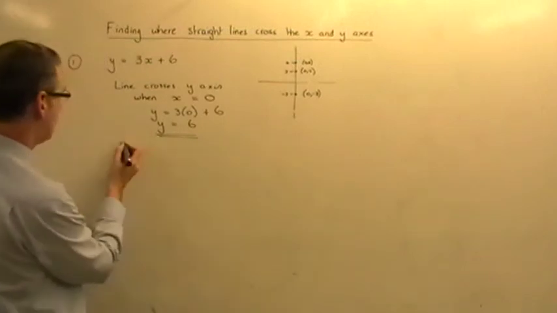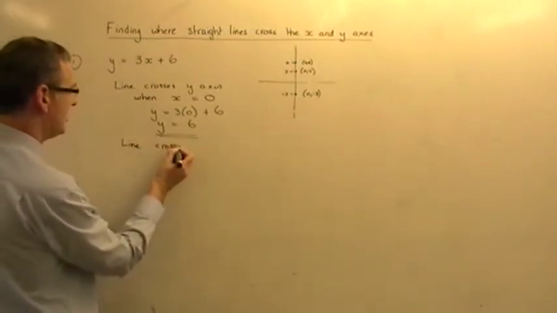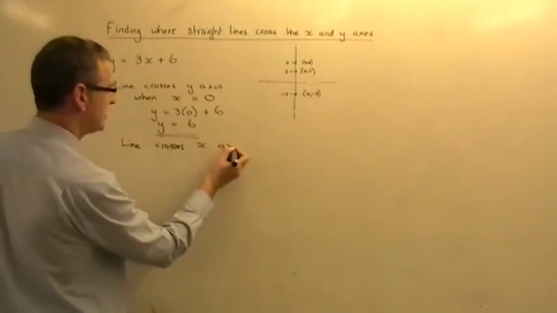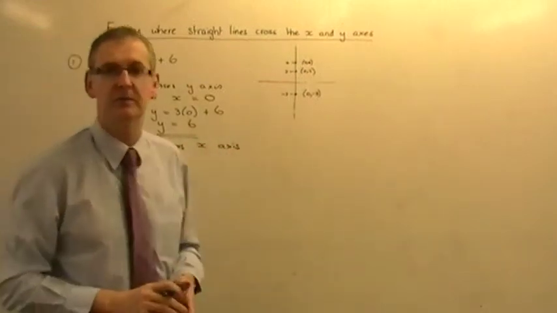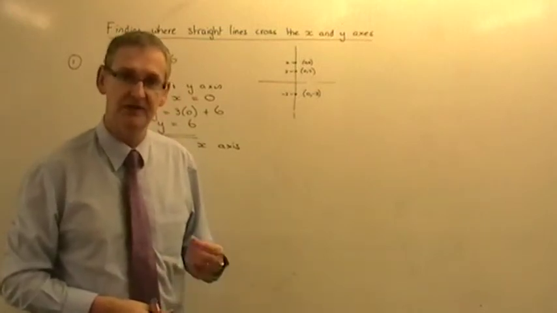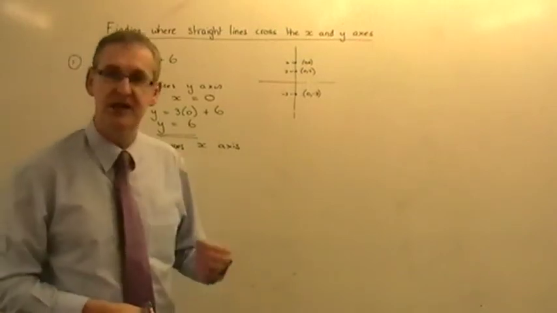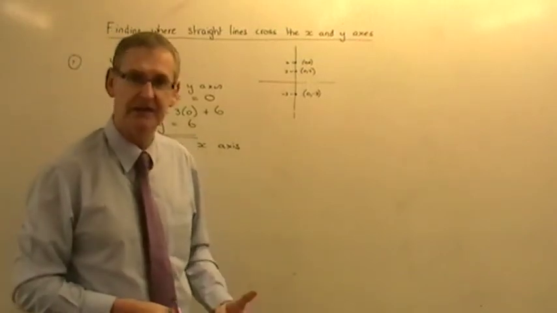Okay, so now I want to find where the line crosses the x-axis. By the same sort of argument, if the line crosses the y-axis when the x-coordinate is 0, then the line will cross the x-axis when the y value is 0.